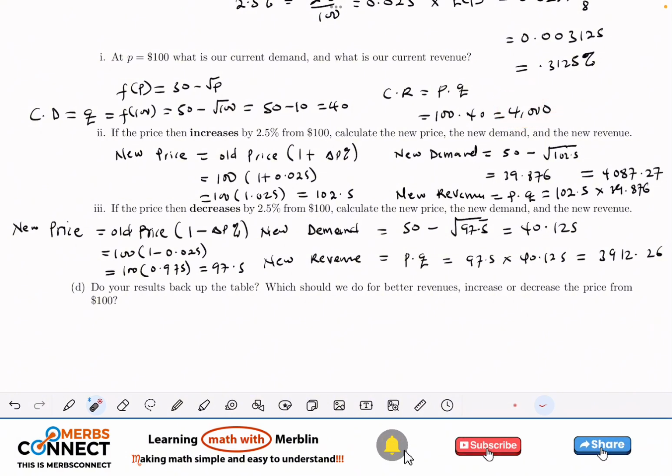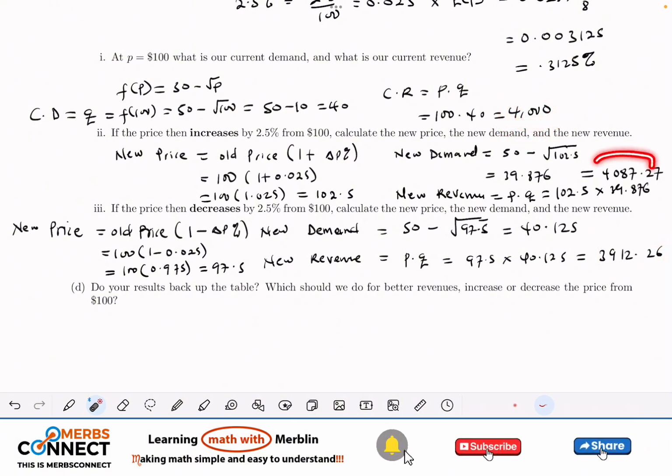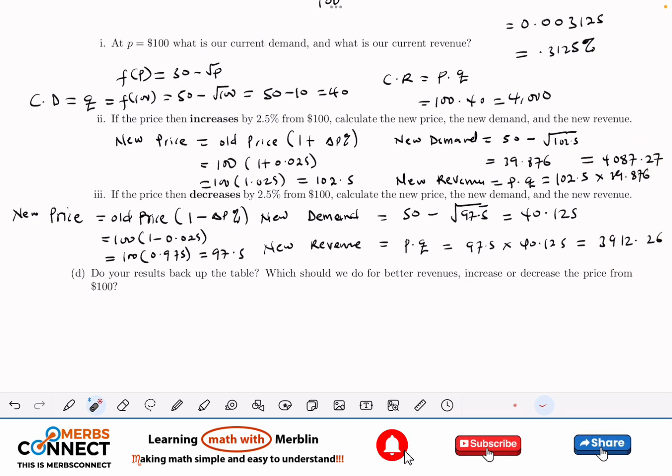So when we increase the price, revenue also increases, right? And when we decrease price, revenue decreases. So this is the original revenue. When we increase the price, we had this one to be the new revenue, and when we decrease the price, this one was this.